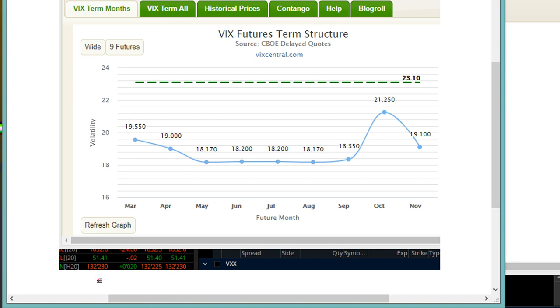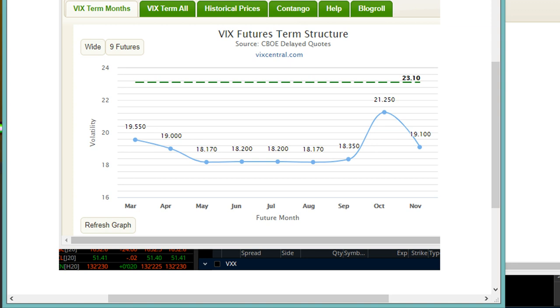And that is due to the fact that for this term structure to get back in whack, you need the spot to go down without the futures moving much. You could see the VIX down 3-4 points, and you're not going to get a corresponding move in UVXY and VXX. They will move down a little bit, but it's going to be a slower move to the downside, and that's because this term structure needs to right itself.